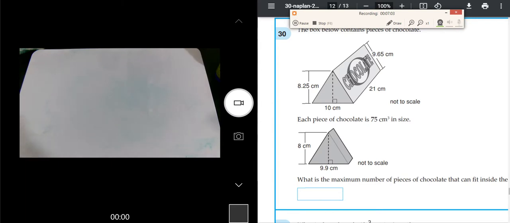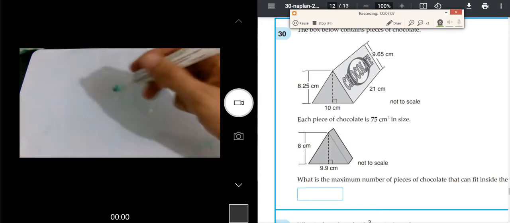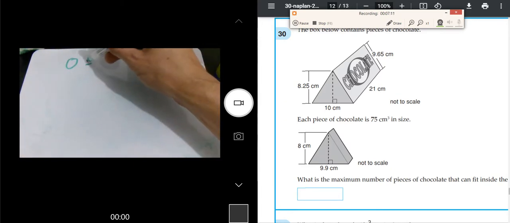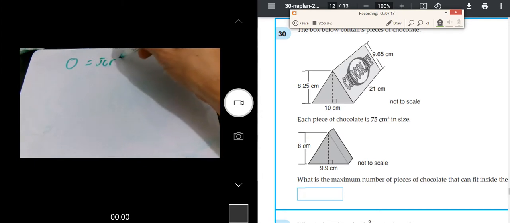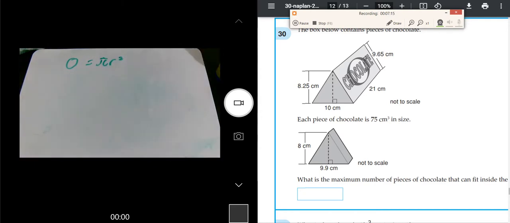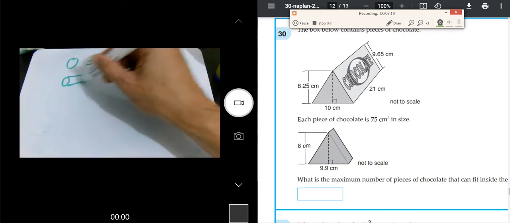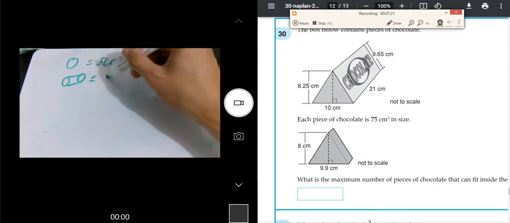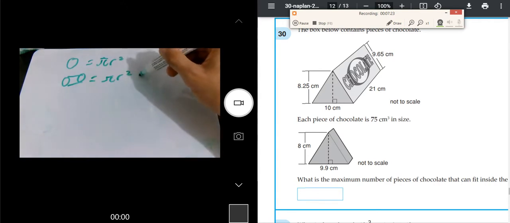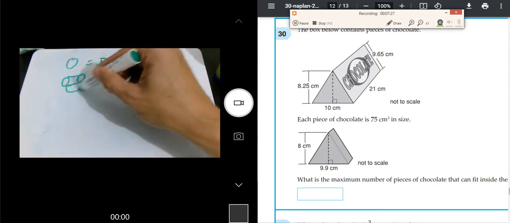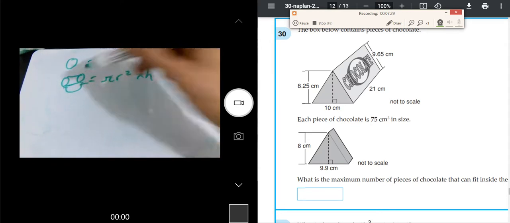Now hopefully we remember that for circles it is pi r squared to figure out the area, but then for a cylinder it equals pi r squared multiplied by height, so how long it is from there to there.